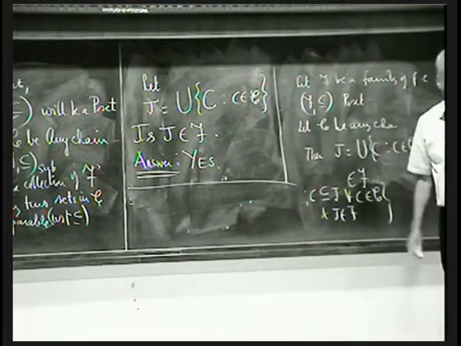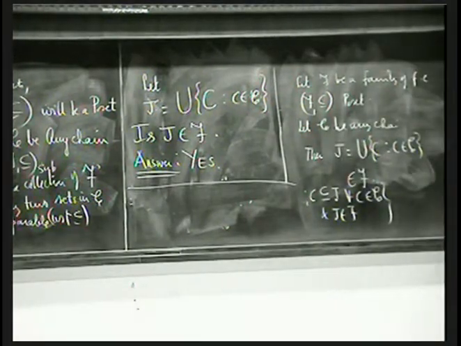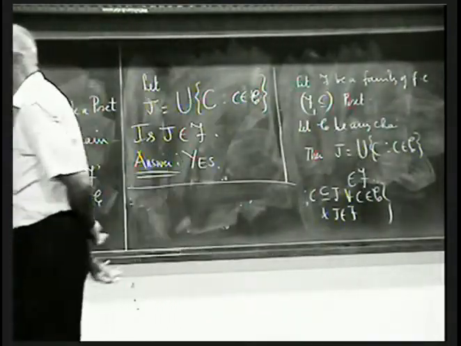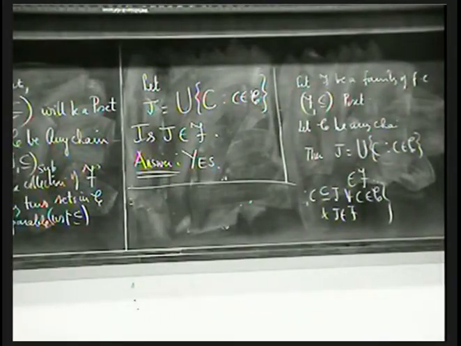What is your conclusion? All you have said is take any chain C, then the union of those elements is in F, and that union stands to the right of everybody in that chain.